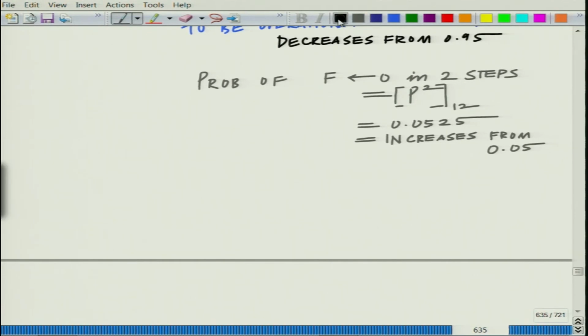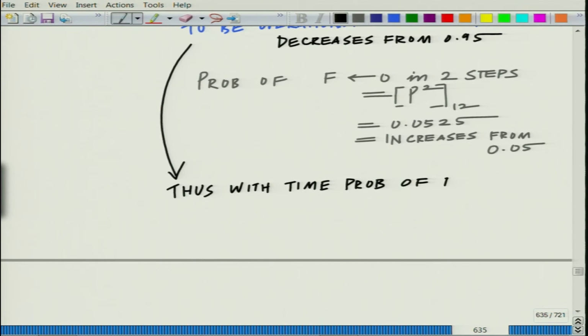Thus, the gist of this is that with time, the probability of breakdown increases. Okay. So, that is the first example.